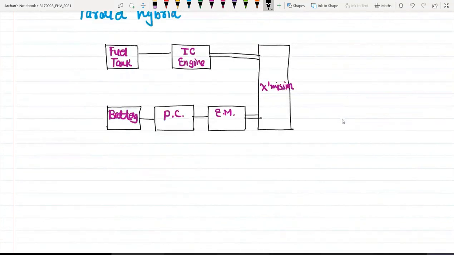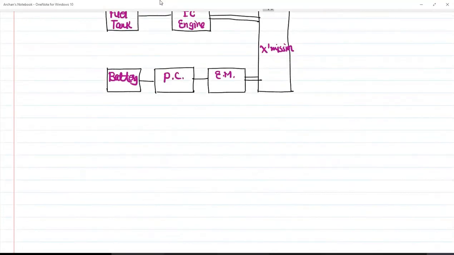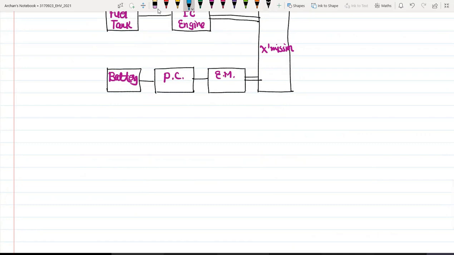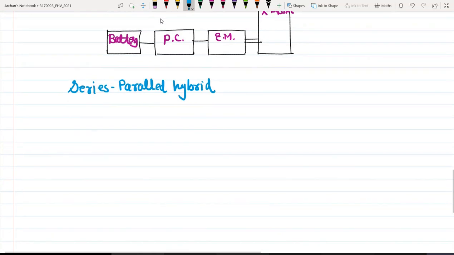Now the third one is series parallel hybrid. It is nothing but the combination of these two particular cases. You can see series combination and parallel combination of hybrid vehicle in this particular configuration, right? So again we will have a fuel tank over here.